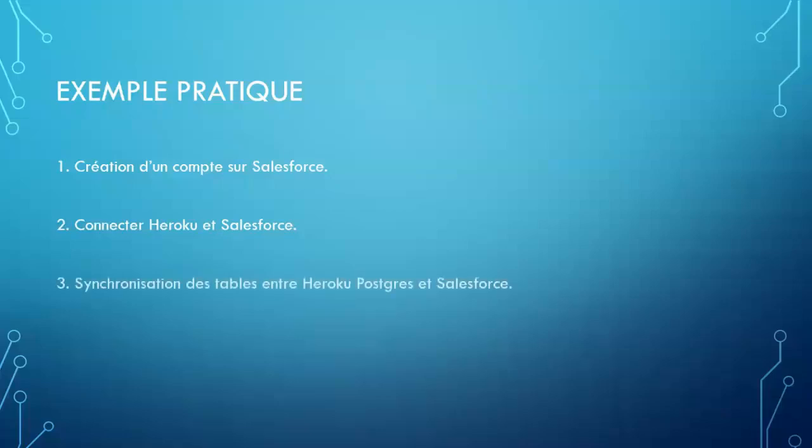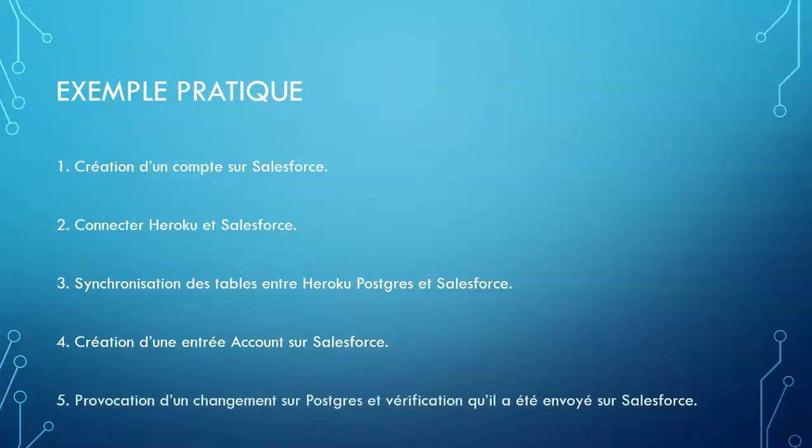Thirdly, we will synchronize our first tables between Heroku Postgres and Salesforce. For this example, we will use the Accounts object. Fourthly, we will create a new Salesforce account entry. When we validate it, it will be sent to Heroku and will be available for use. And finally, we will make a change on the Heroku side, verifying that it has been sent to Salesforce.